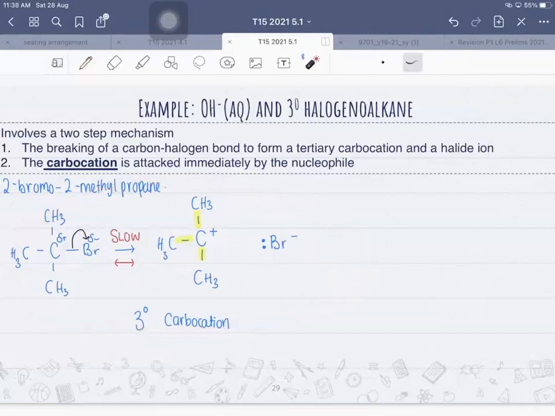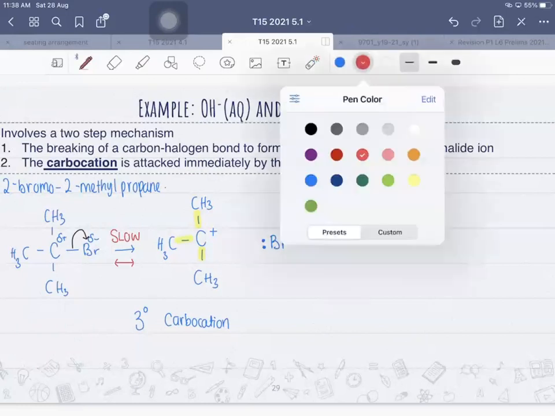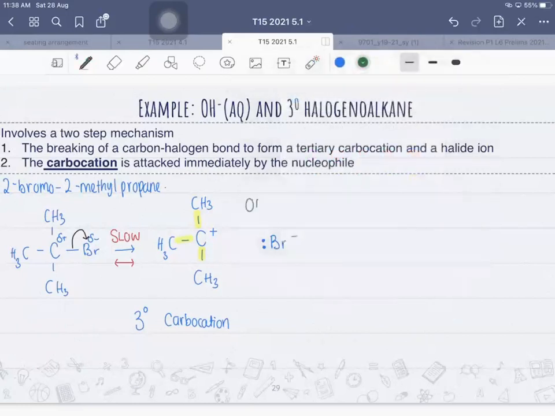Okay, the next step is then your nucleophile coming in to attack. Please don't do this, because if you do that, then basically you're just going back to the start. You want your nucleophile to attack. So your nucleophile is your hydroxide ion. And again, most important for you to draw correctly which atom the lone pair is sitting on, because that's how you will form your new bond.